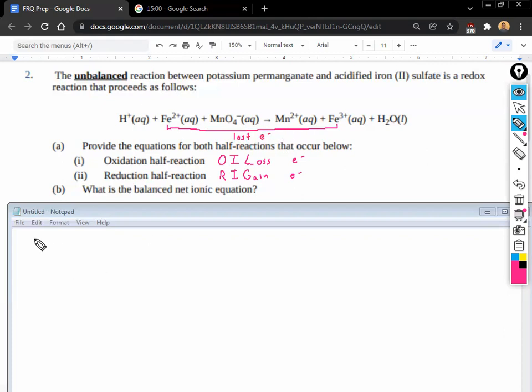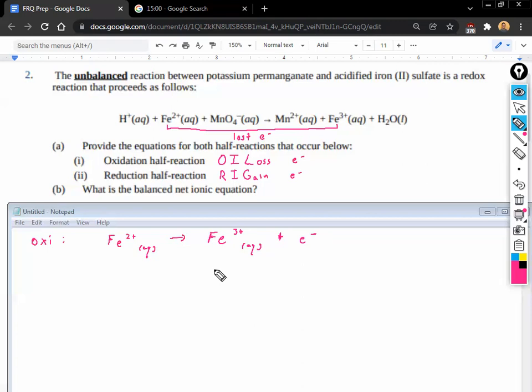So your oxidation reaction is going to start with Fe2+ aqueous, and then it turned into Fe3+ aqueous. But for half reactions, you want to mention how many electrons you lost. This reaction is telling us that Fe2+ lost an electron. So on the product side, we need to balance the charge. You got this.